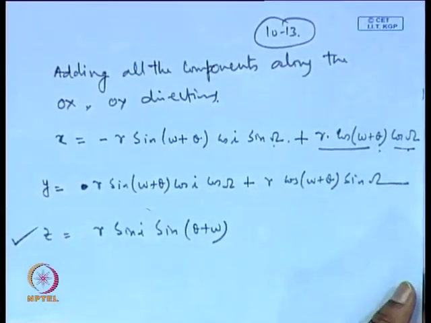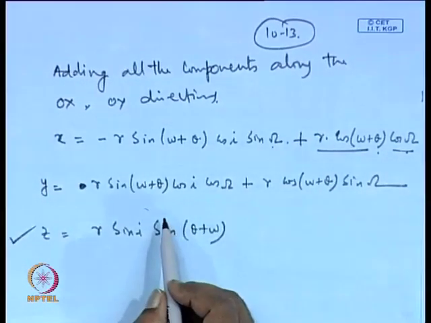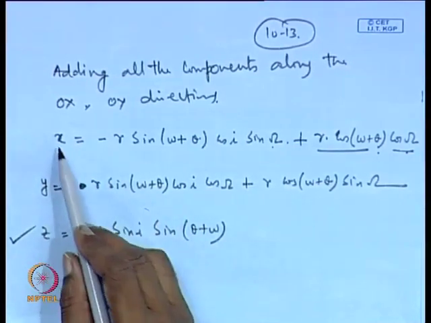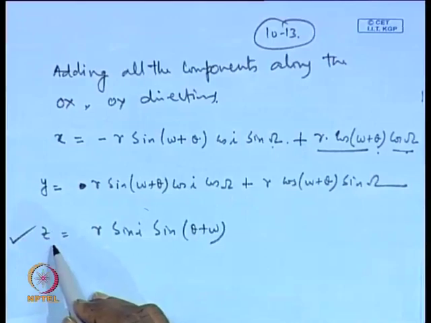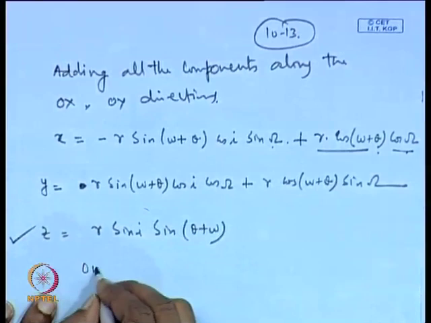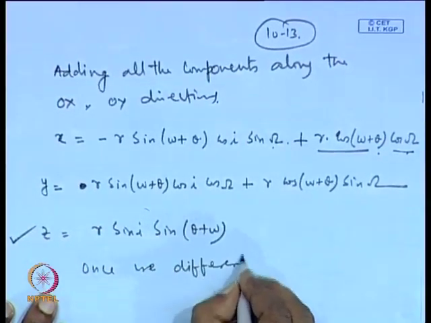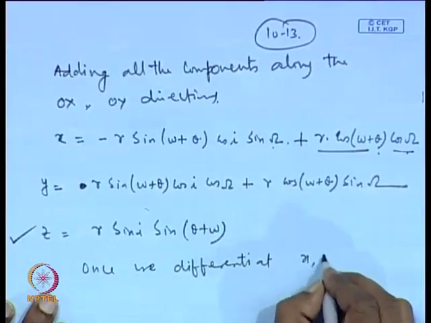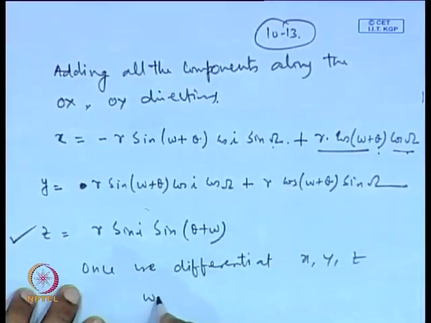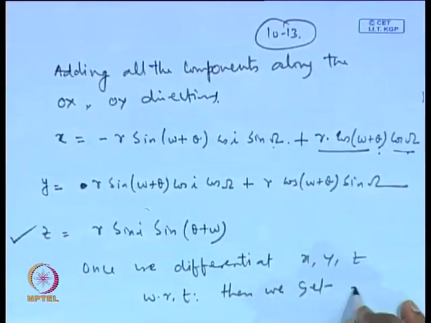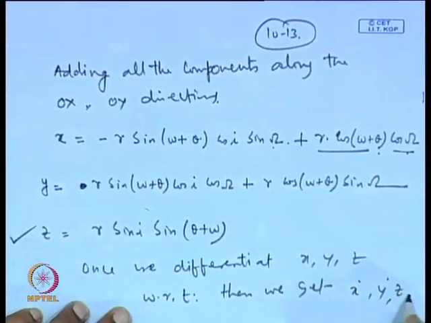Okay. Now, once we have got these values, if we differentiate x, y and z with respect to t, then we get x dot, y dot, z dot.